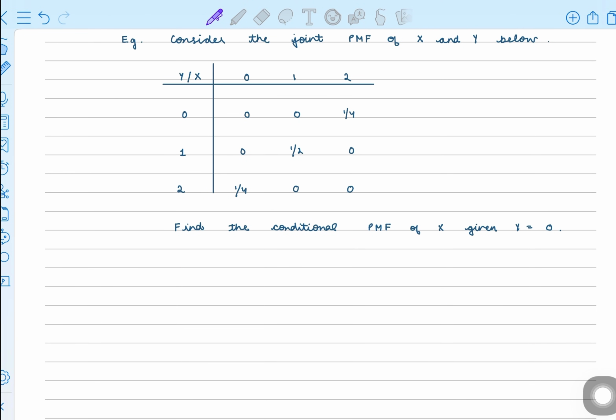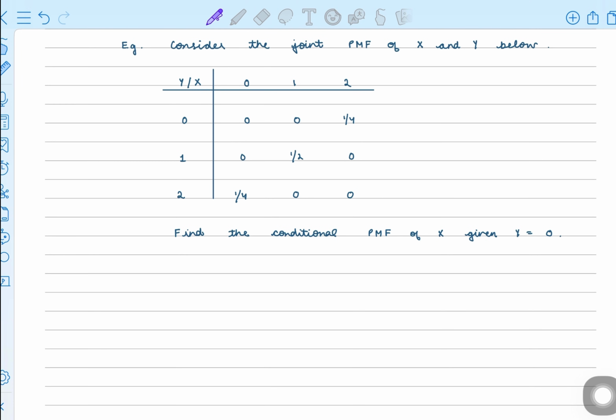Consider the joint PMF of x and y below. Find the conditional PMF of x given y is equal to 0. As we covered above, the probability of x given y is equal to 0 will be the probability of x comma 0 upon the probability of y being equal to 0. Let's look at the first case.